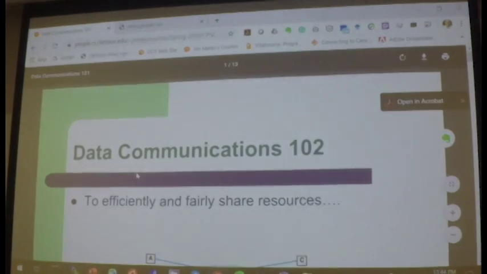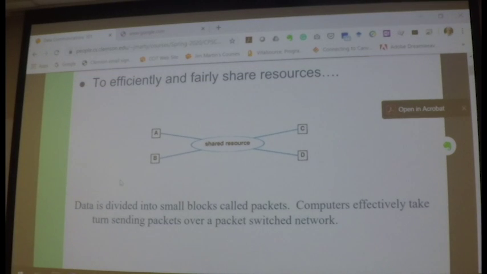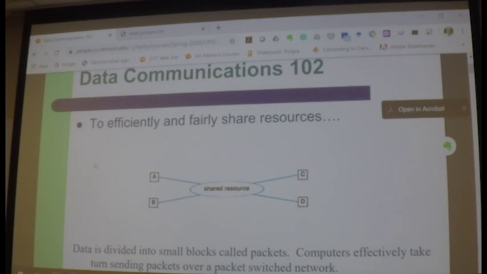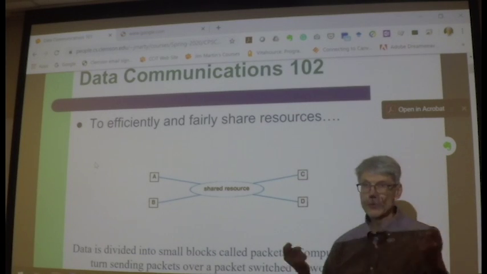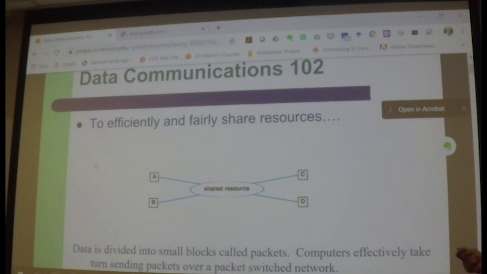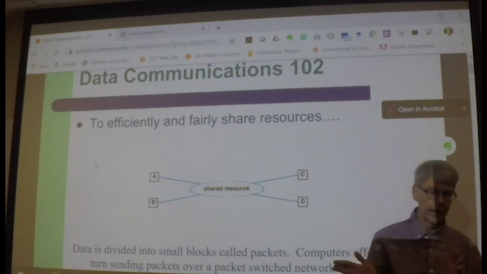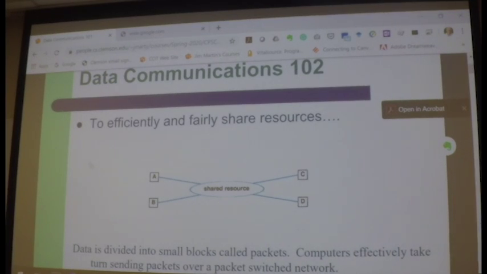Data count 1 to 2. Some of this I've talked about, some of this you picked up from the reading. We are talking about what are called packet-switched networks, and so data is divided into small blocks called packets.